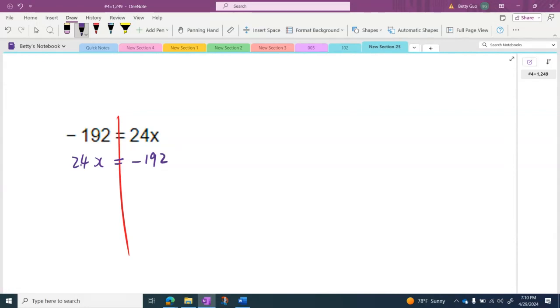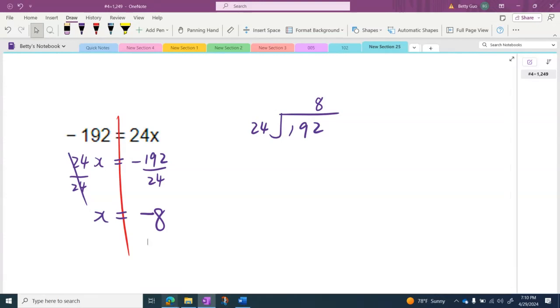Coefficient of x is 24. We are going to divide each side by 24. 24 cancels 24. X is isolated on the left side. And on the right side, we have a negative. Use your calculator to divide 192 by 24. It's going to be 8. Negative 8, right?